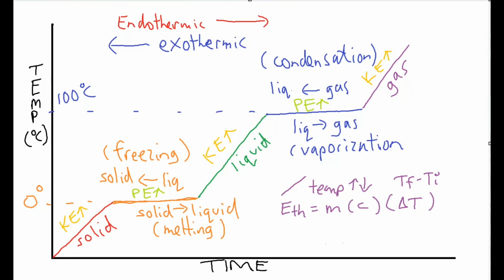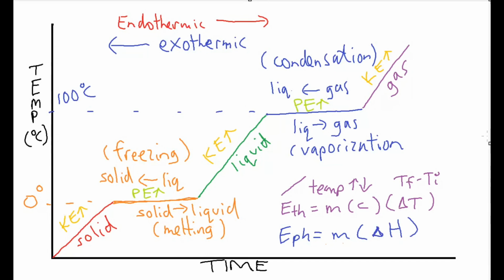And then if you were to find a phase change energy value, the calculation would be different because there's no delta T, because there's no change in temperature for the phase change portions. So what you would use is you would still use the mass because it matters how much of the substance you have, and you would use a delta H value.